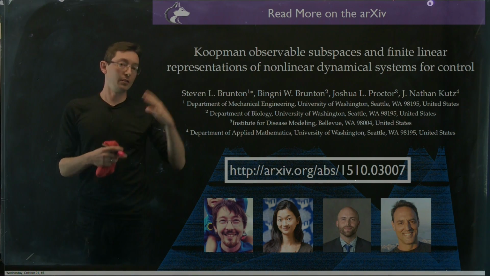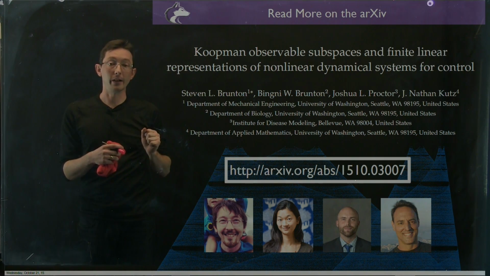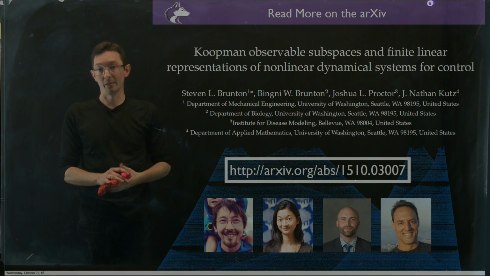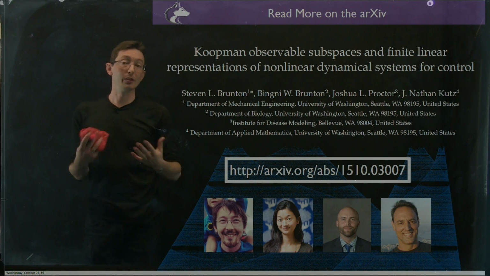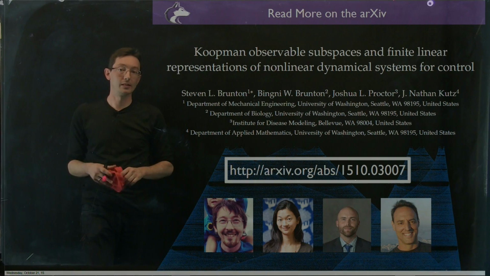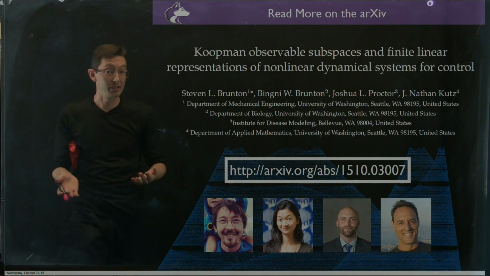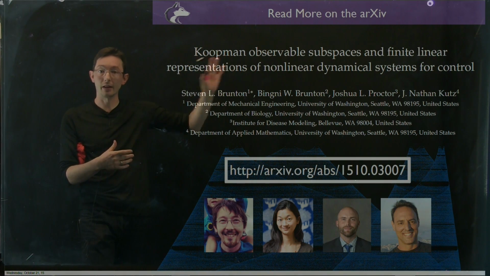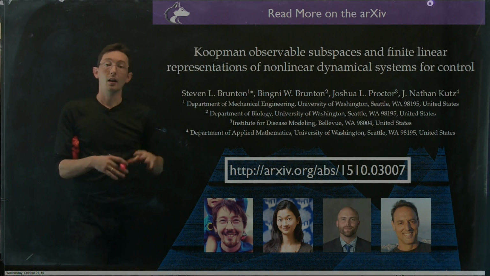But alas, you are trading nonlinear dynamics on a finite dimensional state space for infinite dimensional linear dynamics with the Koopman framework. And so we found that in lots of circumstances, you just can't get these exact Koopman invariant subspaces. But that doesn't mean you can't approximate them, and you can't do truncation, and you can't do control. So there are tons of interesting areas to keep looking in this framework.